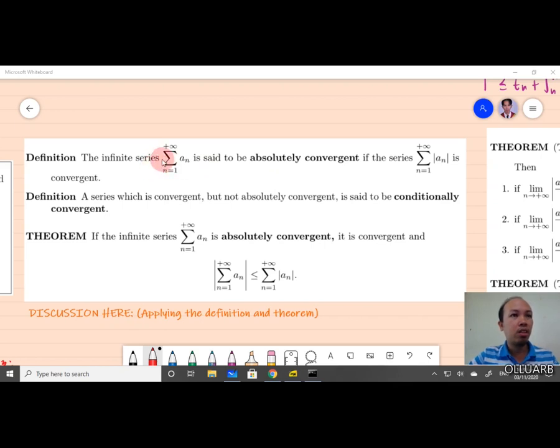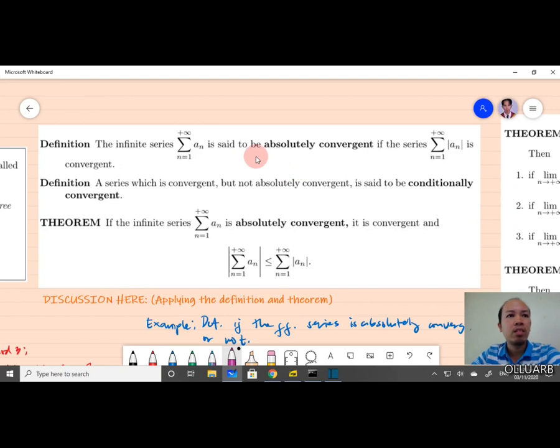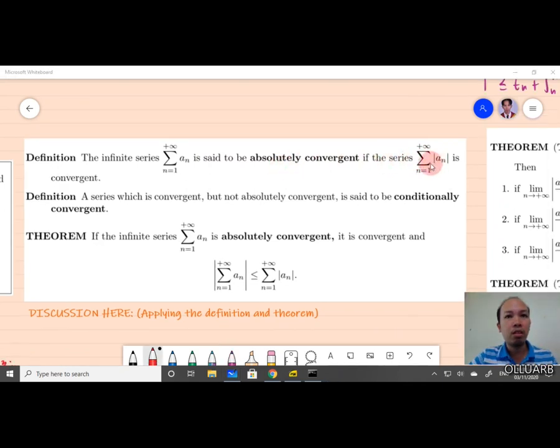You're given an infinite series of this form, and it is said to be absolutely convergent if you take the absolute value and this new series is convergent.